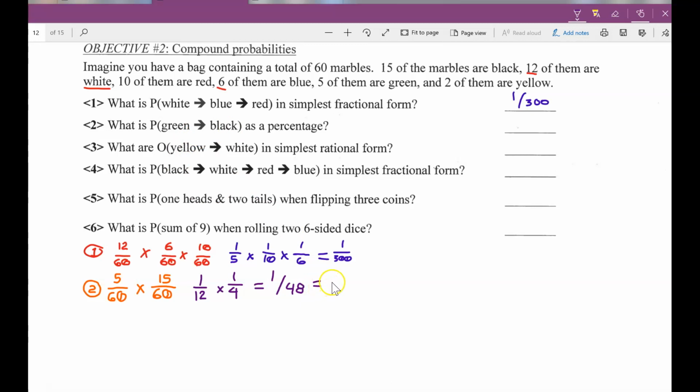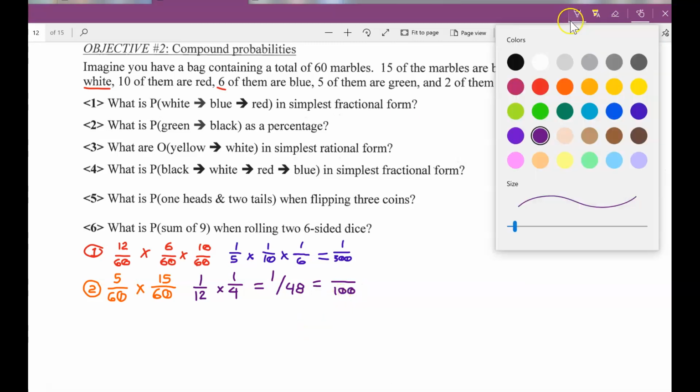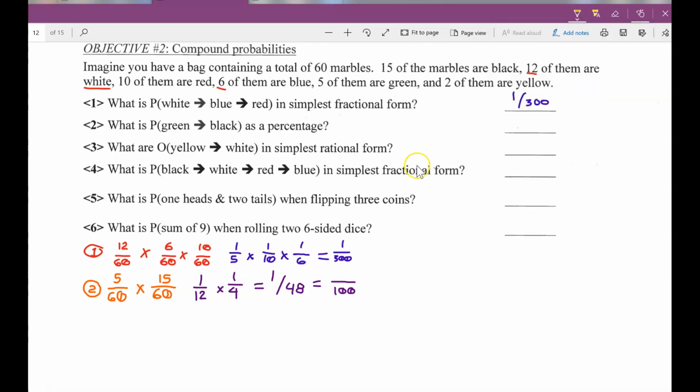But wait, we want this as a percentage. So we're going to put a fraction over here with 100 on the bottom. And then think back to 6th grade. How do we solve for a percentage like this? We're going to multiply our diagonals. So 100 multiplied by 1, that's 100.